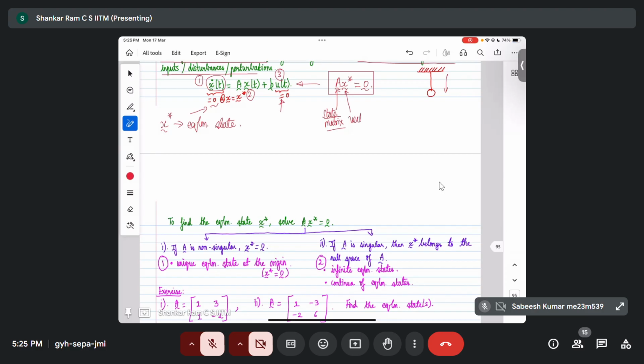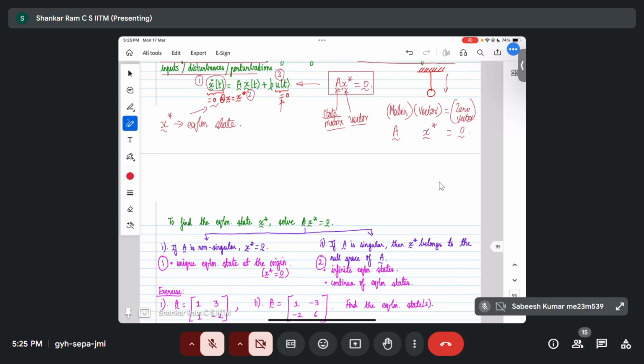So what we are saying is that we have a matrix multiplying a vector, and that is equal to a 0 vector. So we have A x star equal to the 0 vector.